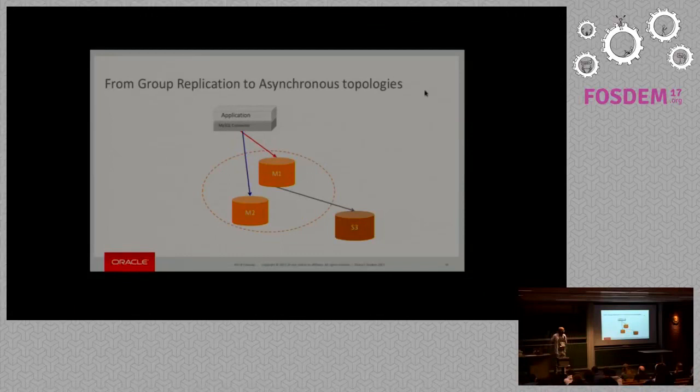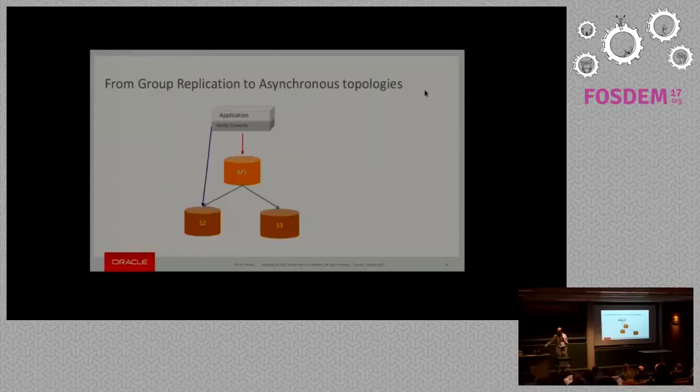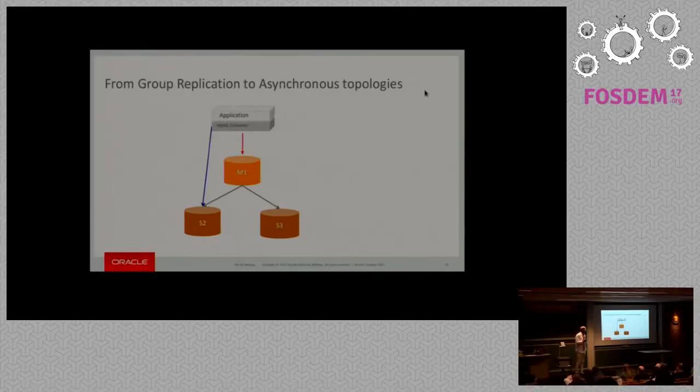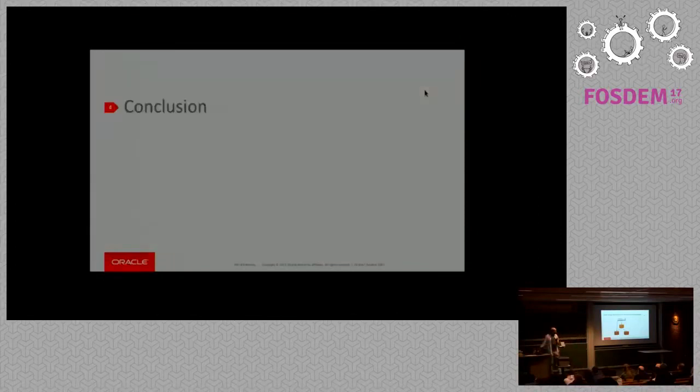What you have to do is just stop group replication in one member, and configure it to be a slave of M1, so you still get the writes from M1. You go to member 2, stop group replication, make it a slave of M1, and now you have master slave, right? You read from the slaves, you write to the master, business as usual.